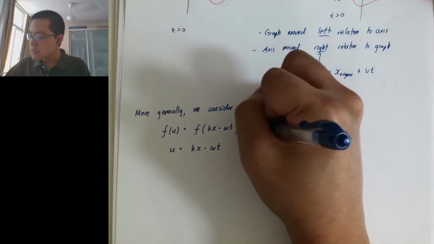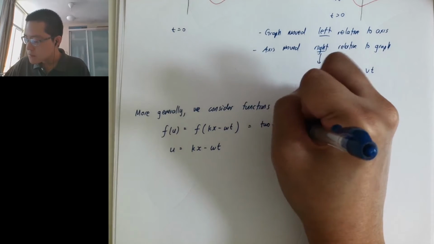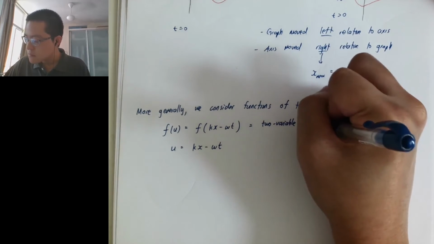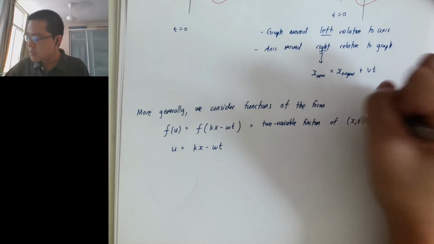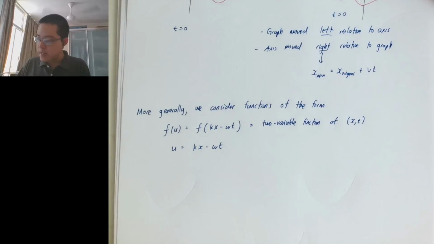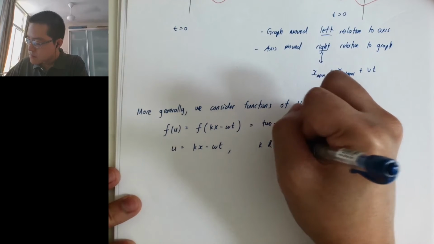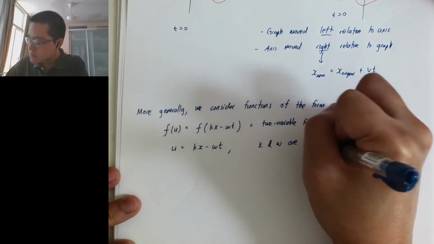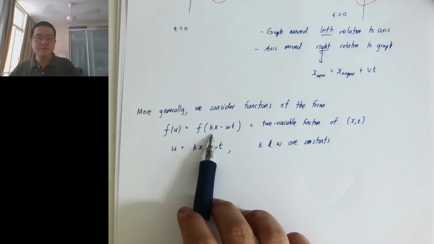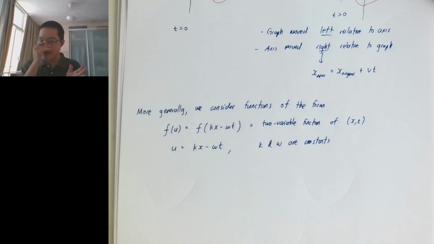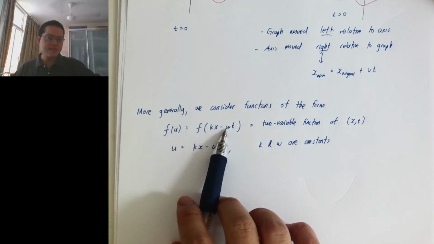This is a two-variable function of x and t, and k and omega are constants. Let us take them to be positive constants.